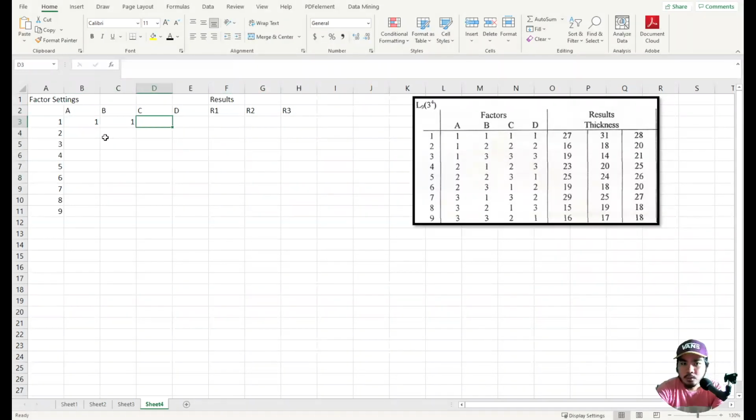Then this is 1, 1, 1, 1, 1, 2, 2, 2, 1, 3, 3, 3, 2, 1, 2, 3. And again, this design, class, can be seen in the L9, 3 to the 4. And this becomes 2, 2, 3, 1.